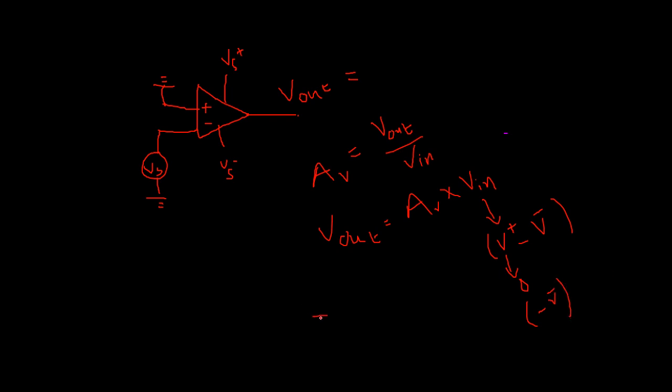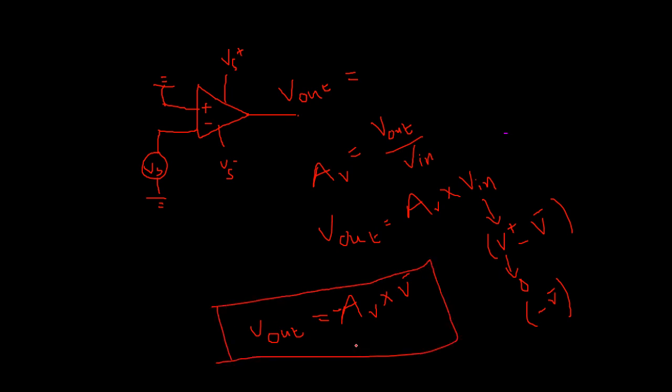So you will get V out is equal to AV into V minus. There is a minus, you put it here. So V out is equal to minus of the voltage gain, that is the open loop voltage gain, into V minus. V minus is nothing but the input voltage.